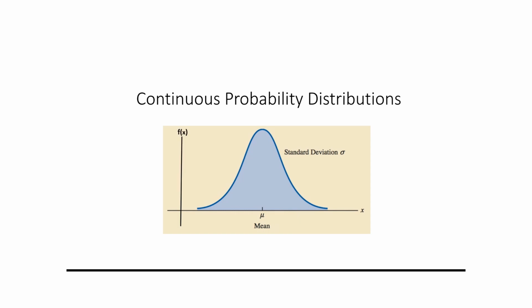On the vertical axis, we read the values of f of x. Higher f values indicate that corresponding x values are prevalent or occur often in our distribution.